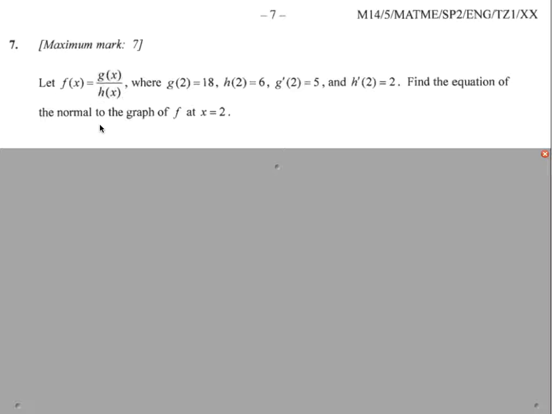So anytime we're talking equations, you may remember from prior learning, there are two requirements for the equation of a line.